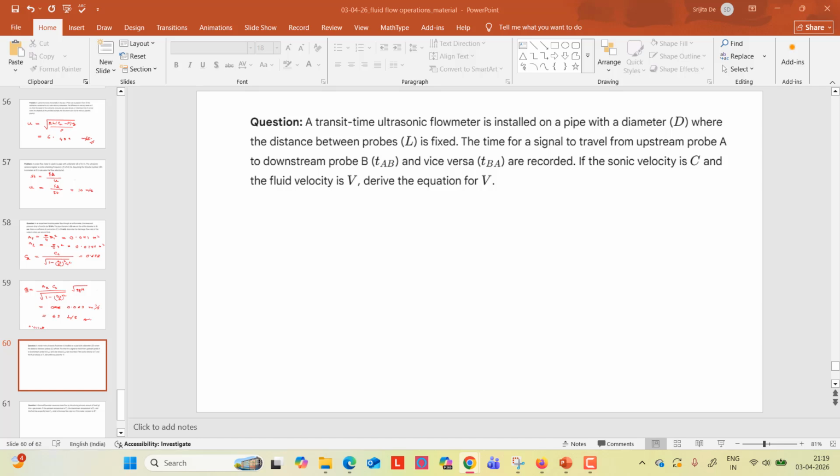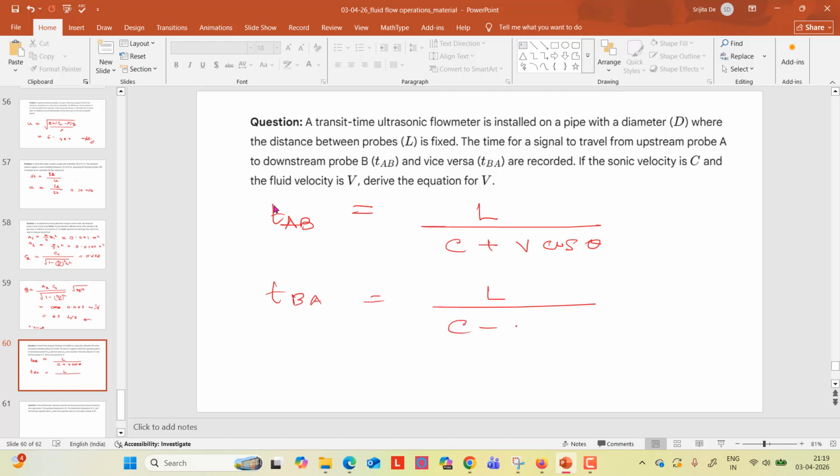So downstream time TAB is L by (C plus V cos theta), and TBA is L by (C minus V cos theta).